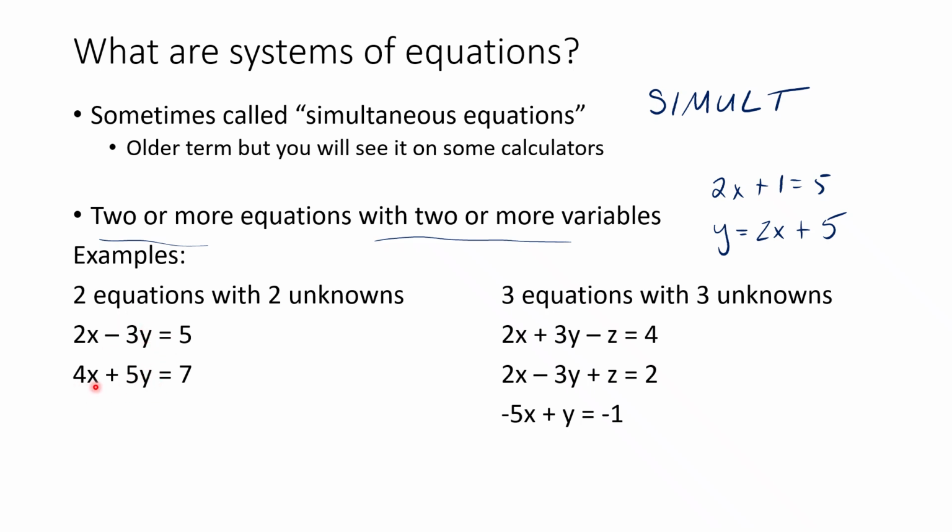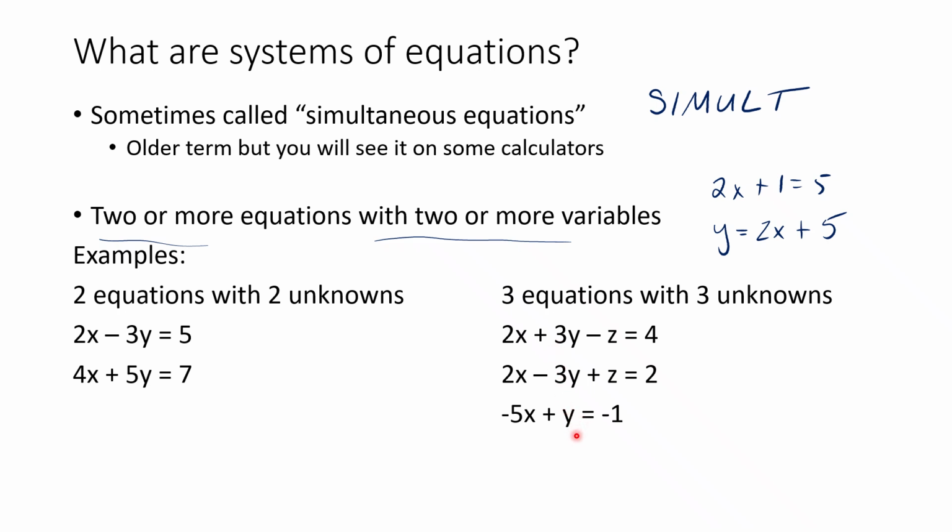But this is a system. It's got two equations, and there are two variables, the x and the y. This is an example of what we call a 3x3 system, meaning it is three equations with three unknowns. So in this system, we have an x, a y, and a z, and we have three equations. Now, you'll notice that the last equation does not have the z in it, and that's actually okay.